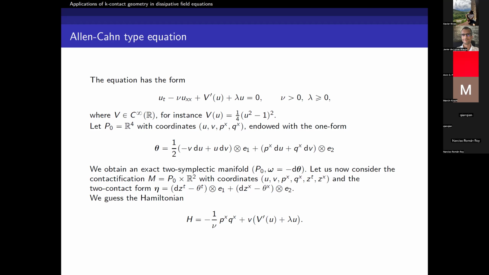When you have k-contact geometry, as much as I know because of Xavi, it is difficult. So this method works quite well to find the Hamiltonians and gives you many possibilities. Okay, please go on.